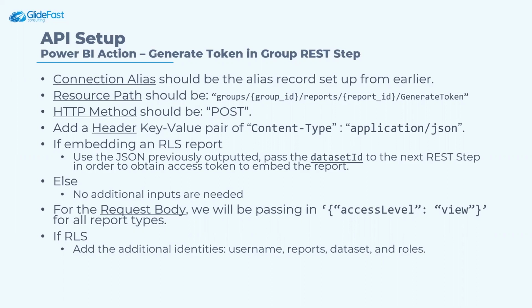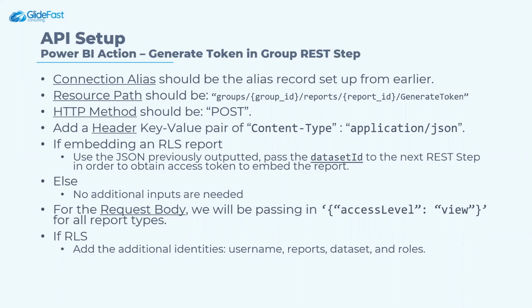And then going back to what I was discussing earlier, if we're using an RLS report, we need to also pass in the dataset ID into the request body. Otherwise, there are no additional inputs except for passing in the input of access level is view. That makes sure that the reports we're pulling in cannot be modified from ServiceNow by accident. They should just be read only.